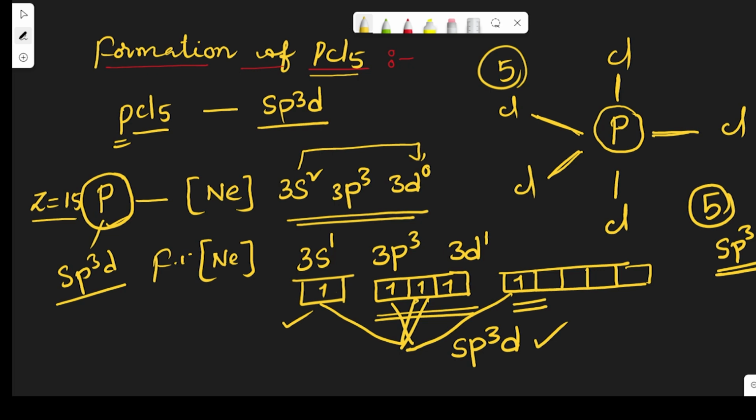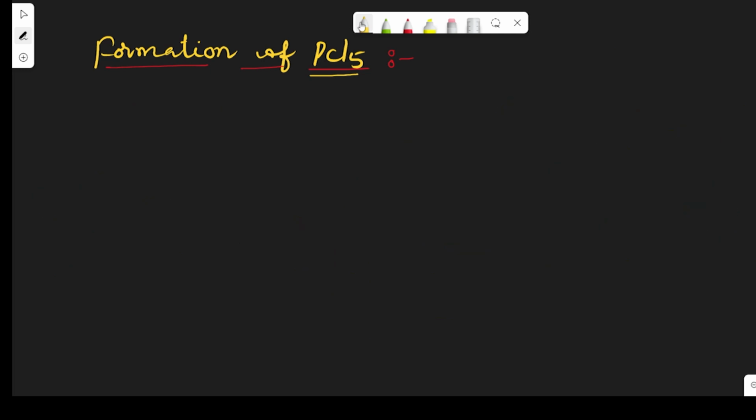So let us see how PCl5 forms, how phosphorus forms bonds with the chlorine atoms. Let me draw. This is the phosphorus atom.